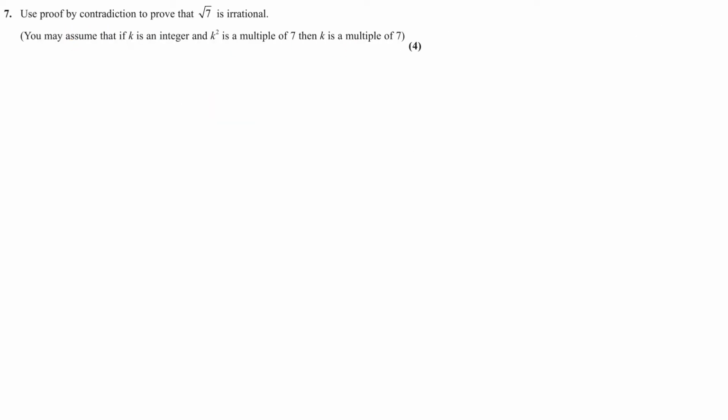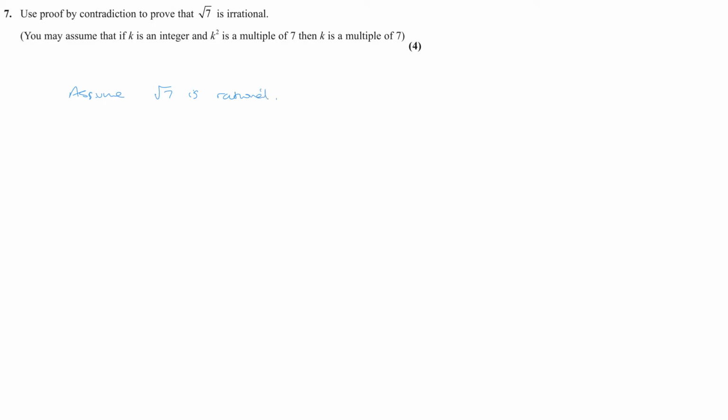Okay, this is a nice bit, makes this a lot easier. So prove by contradiction that root 7 is irrational. So assume root 7 is rational.